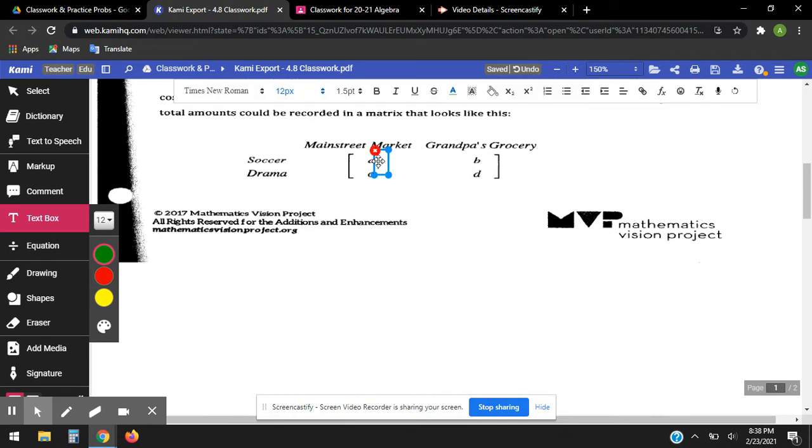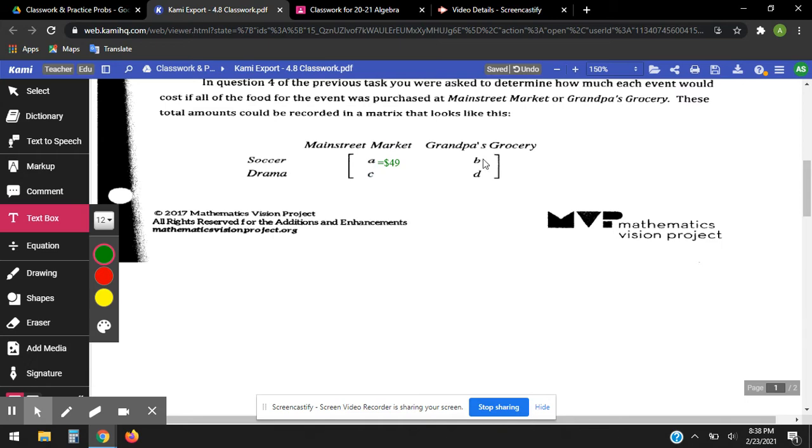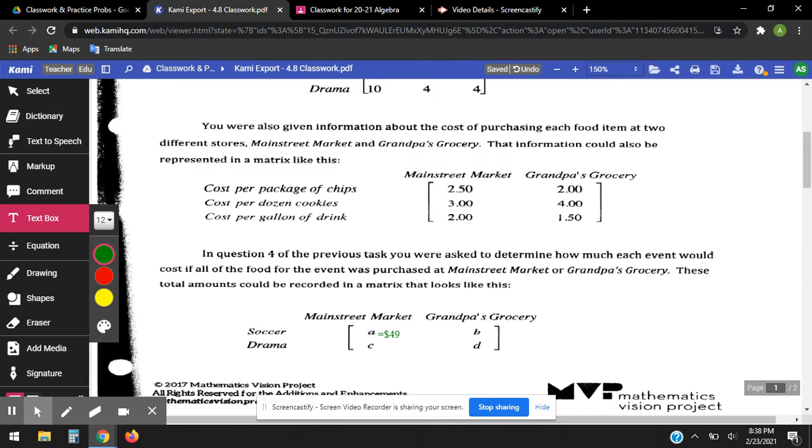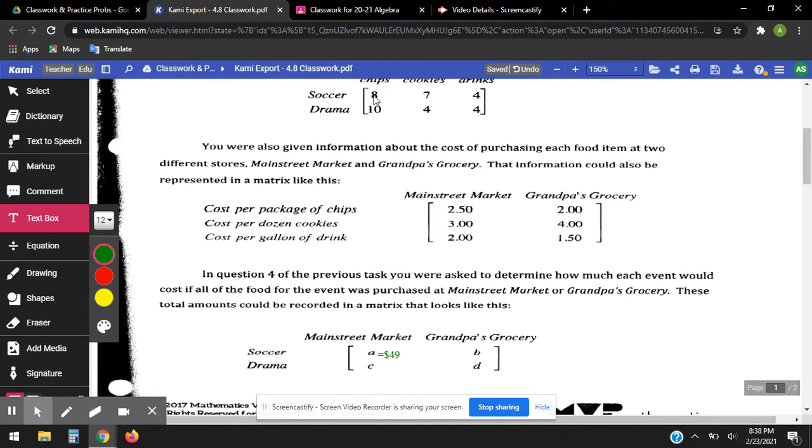So when we did this, A equaled $49. B equaled, we added all of the chips, cookies, and drinks with the Grandpa's Groceries prices, and that one ended up being $50.